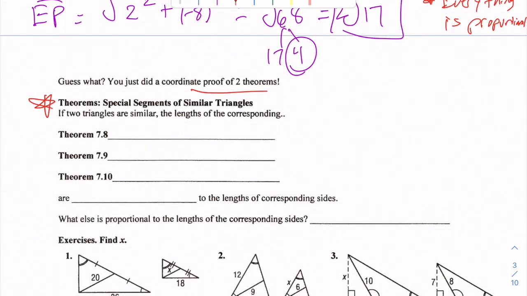So if 2 triangles are similar, again, all of this only works if they're similar, the lengths of the corresponding sides are proportional. Okay, again, or sides or segments. It's probably segments, right? Not the sides of the triangle, the segments.